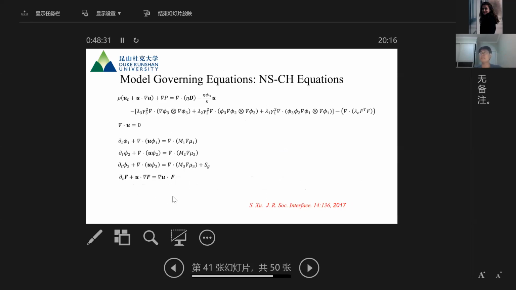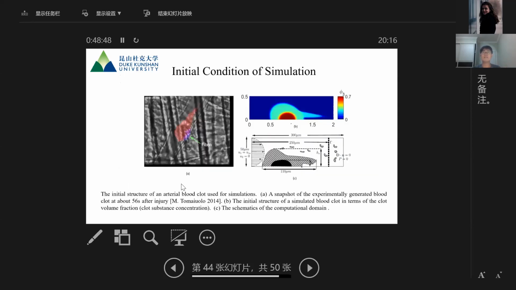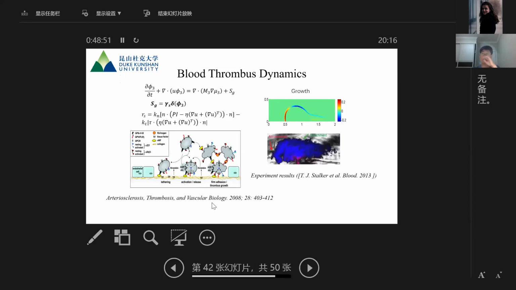And then the last one, if you learned the physics, is called the deformation gradient tensor, to model the elasticity of the clot. And for the others, this is just to model the growth, because during clot deformation, platelets can also touch the surface of the clot, induced by the fluid. I will also consider this in my model.